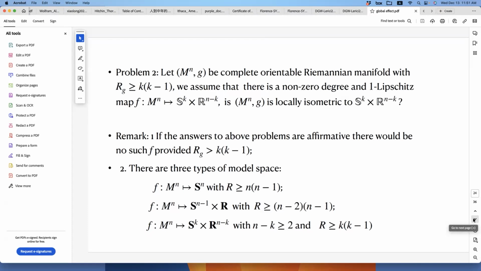I think the map should be assumed proper. So the question is: is (M,g) locally isometric to the model space? So this is the Llarull type theorem for the complete non-compact case. Are there any questions? Actually, I will give answers to those two questions later in the main part of my talk.